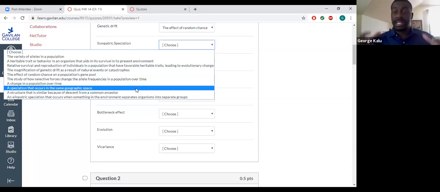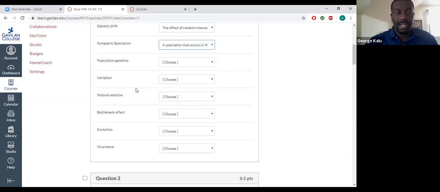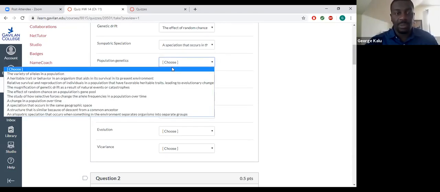So speciation that happens inside the same geographical area, and that would be considered sympatric speciation. Perfect. Cool. Next one is population genetics. What is population genetics?